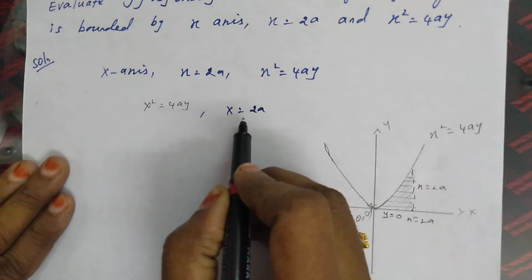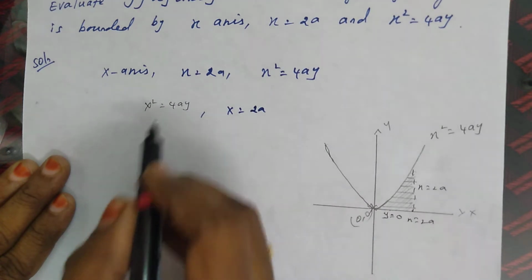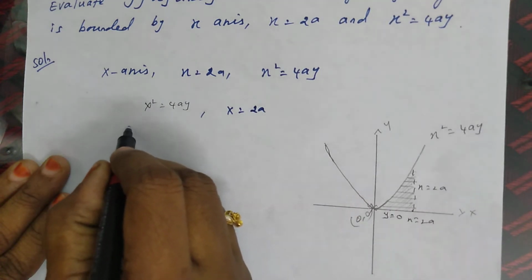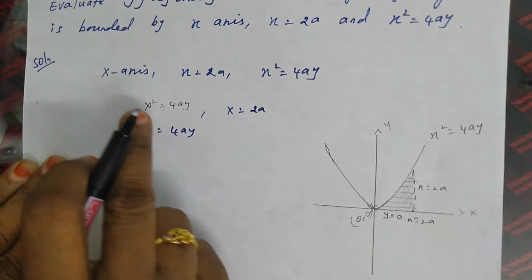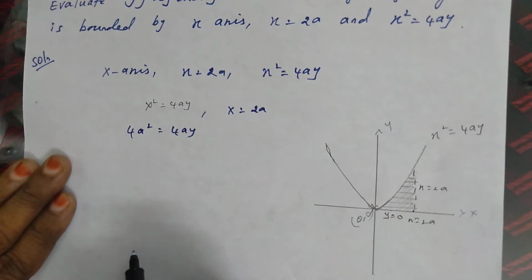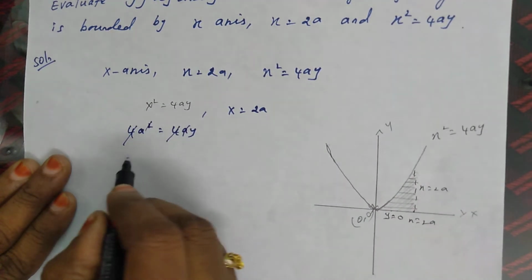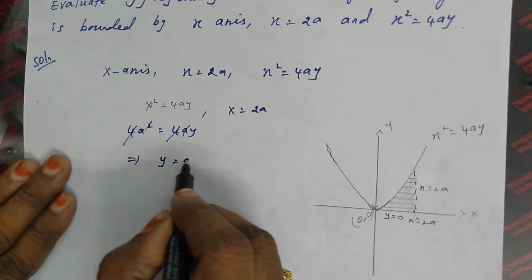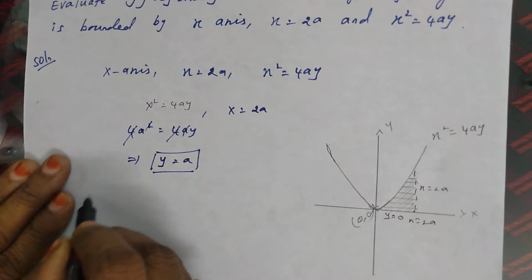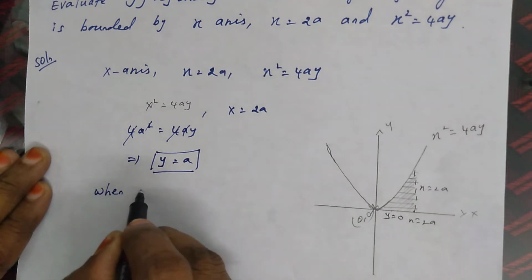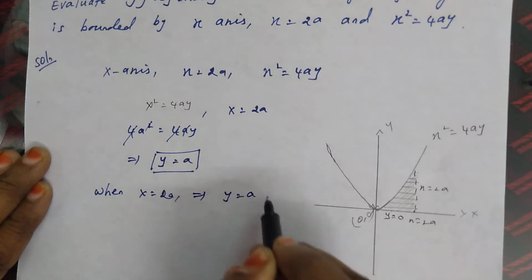Now x is equal to 2a, we can substitute in x square equal to 4ay. So what will happen? 4a square equal to 4ay. Here we are substituting x is equal to 2a. So we can cancel the 4 and a, which implies y is equal to a. So when x is equal to 2a, y is equal to a.